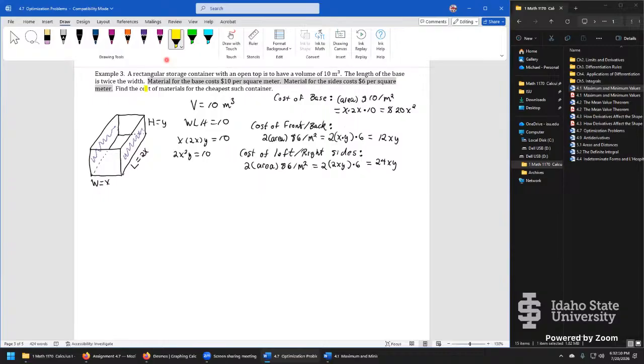And we're finally there. We're looking into cost of materials. We have a cost of the base, cost of the front back panel, the left right sides. Forgot to put units on those. And so now we can say total cost. We can give that a new name, like say, let's go with C on this one. C equals total cost.